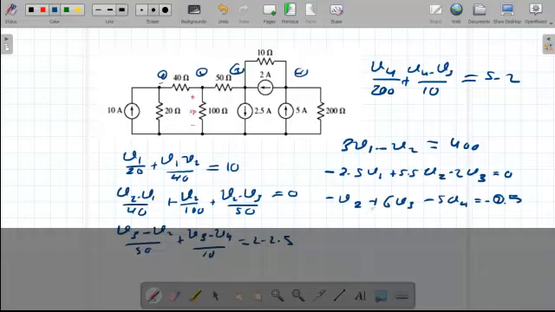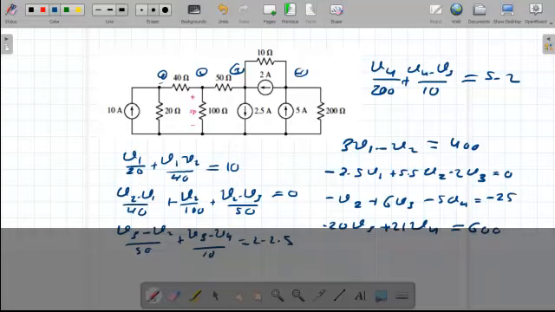The last equation: minus 20 V3 plus 21 V4 will equal 600, because we multiply both sides. Actually, it should be minus 25.